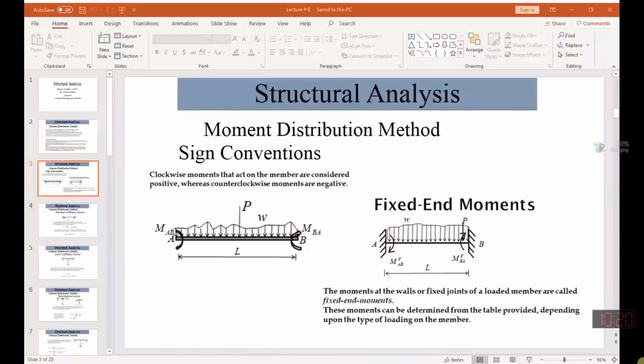74, 75, 76. Yes sir, 76. Keep telling your names. Muhammad Umar Parvez. 77. Yes sir, 77 Shamsur Rahman. 78. 79. 79 Muhammad Anis. 80, roll number 80. 81.